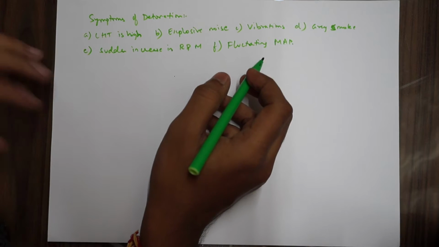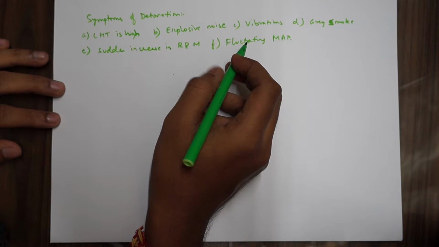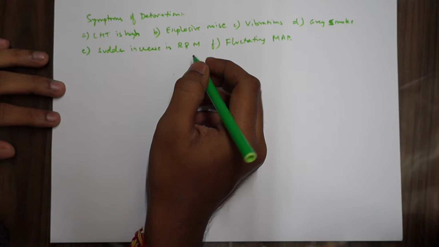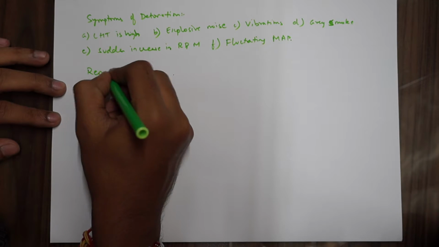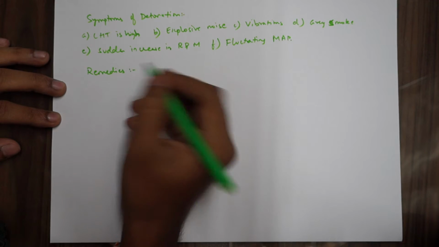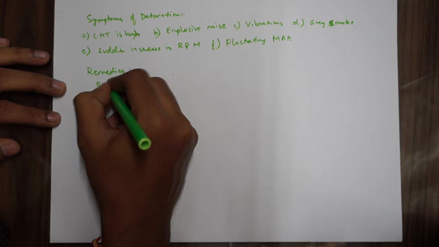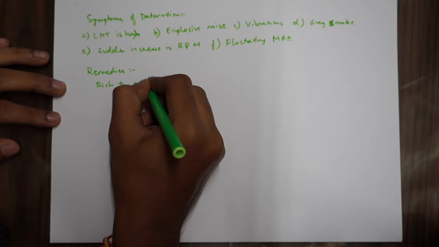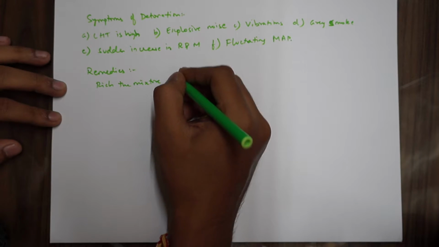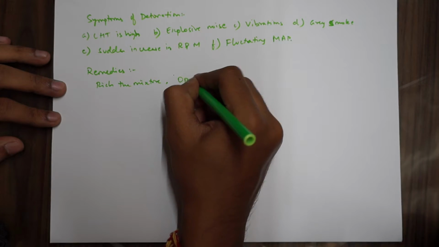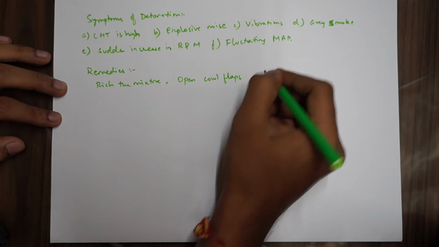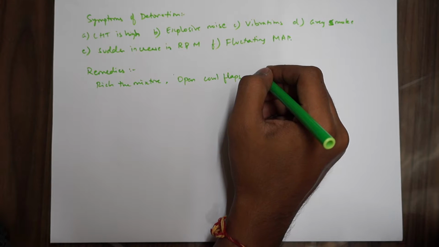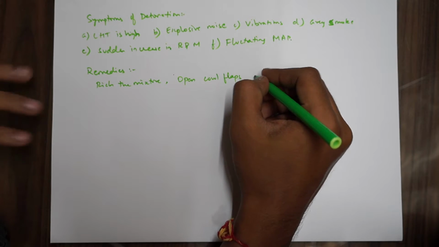If you're sitting inside the cockpit, how do you know if your engine is showing signs of detonation? How do you get rid of it? Remedies for detonation. So simple, richen the mixture. First action, simple as that. Open cowl flaps to reduce overheating in case the engine is struggling, so you cool it down faster.